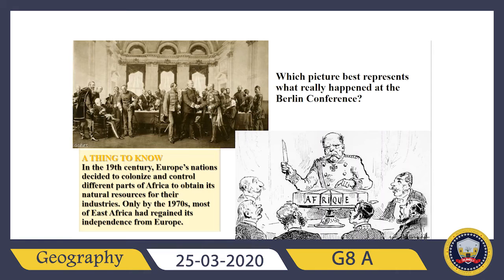The photograph shows a bunch of civilized officials, representatives from different countries, probably diplomats and even kings or people close to kings. They're in this beautiful hall and they're discussing in a civilized manner how they are going to deal with the African continent.